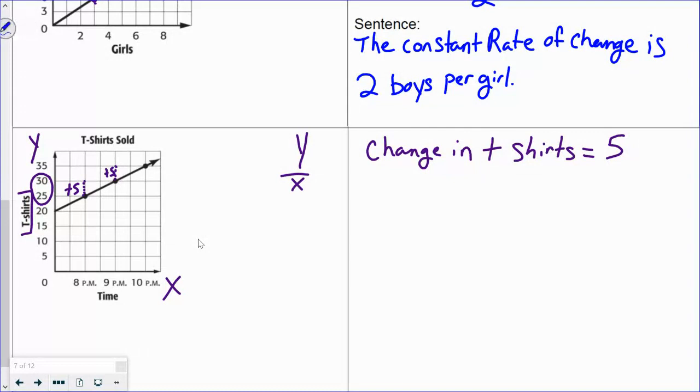Then I'm going to look at my x-axis over here, and it is time. So we're going to look at our change in time, and that's by hours. So how far do we change when we go from these 2 points? We go from 8 to 9. So that's only a 1 hour change.